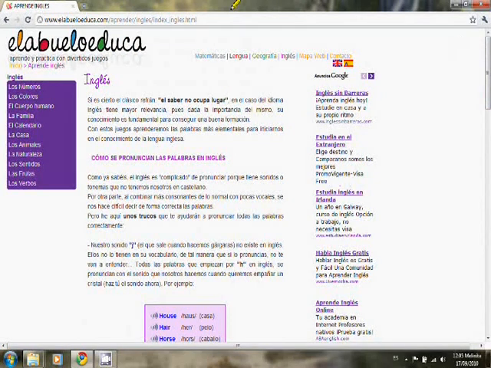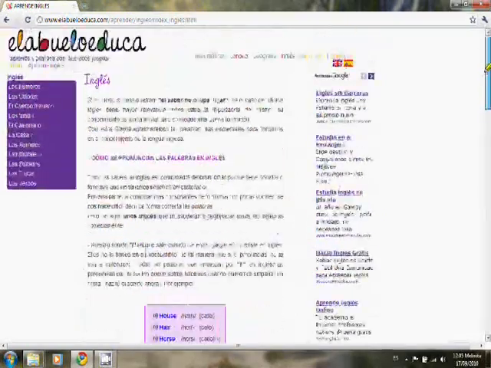So the topics are the numbers, the colors, the human body, the family, the calendar, the house, the animals, the nature, the senses, the fruits, and the verbs. So this is about it for the main English page.